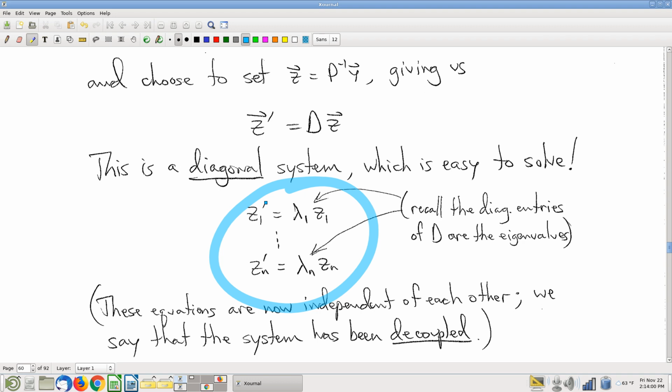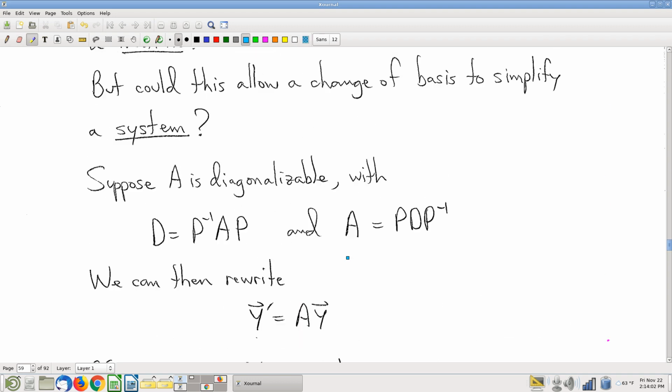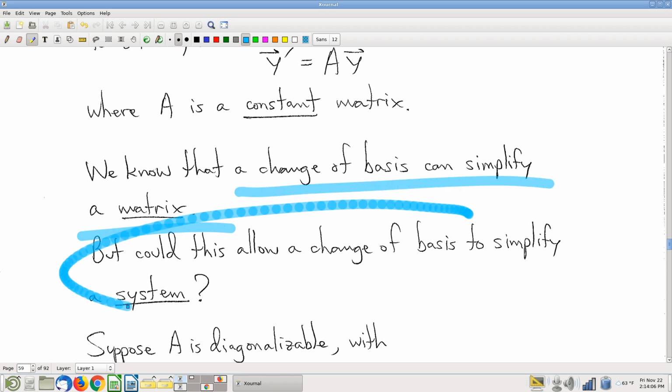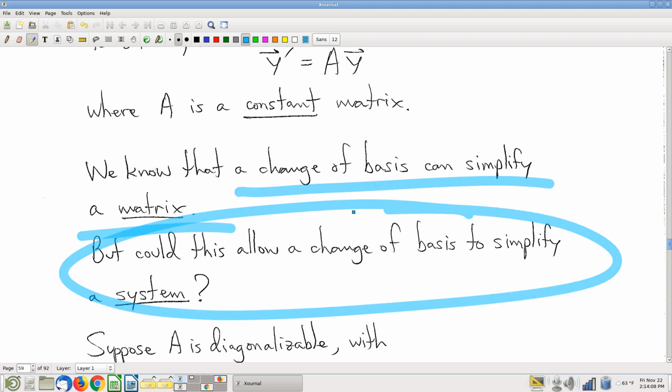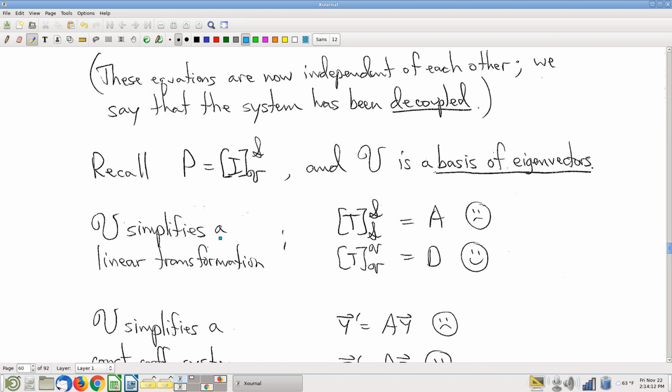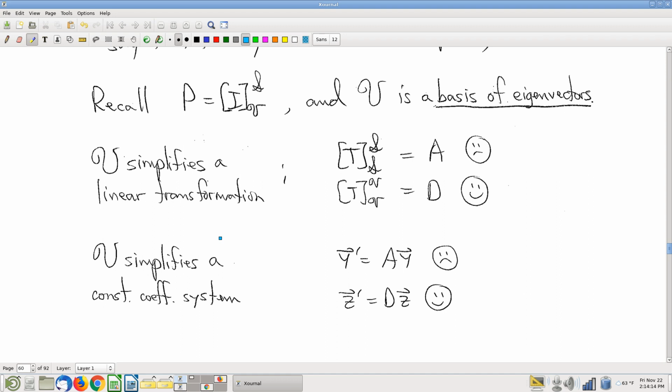All right. So to our original question, change of basis, simplify a matrix. Can you likewise simplify a system? Yeah, totally. That's exactly what we did here. So roughly speaking, and to keep in mind that P matrix, that's a change of basis matrix, right?